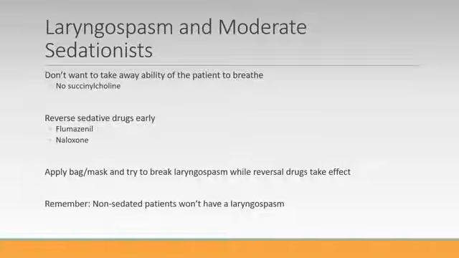So in terms of how this would go, you recognize that you think you've got a partial laryngospasm or a complete laryngospasm. You're going to suction the airway. You're going to go ahead and draw up your reversal drugs. You're going to administer those, and then you're going to apply your bag mask and try to break the laryngospasm while you're waiting on the reversal drugs to take effect.